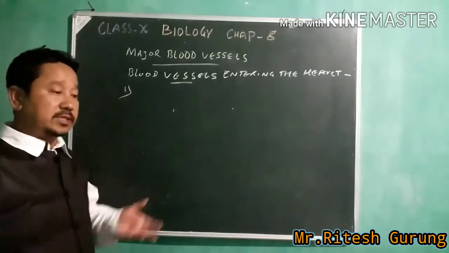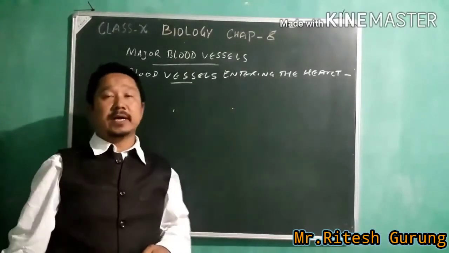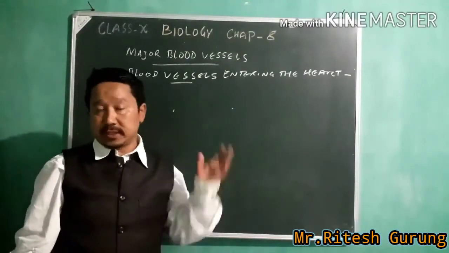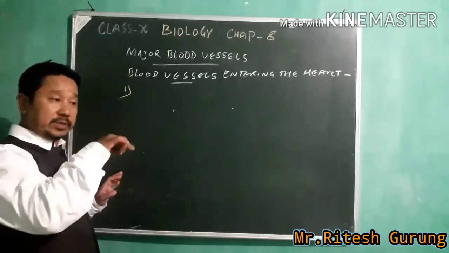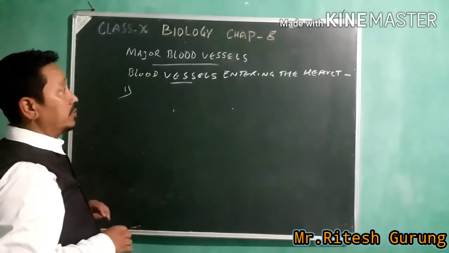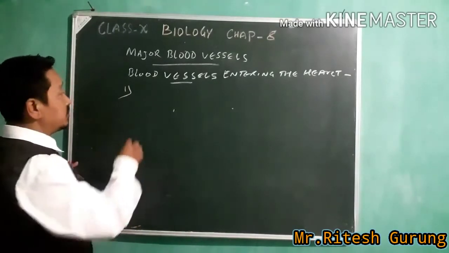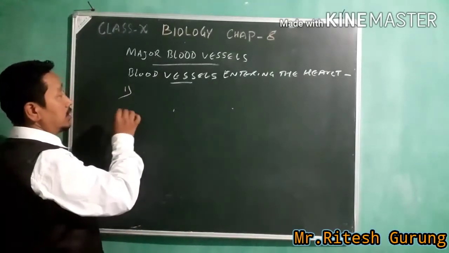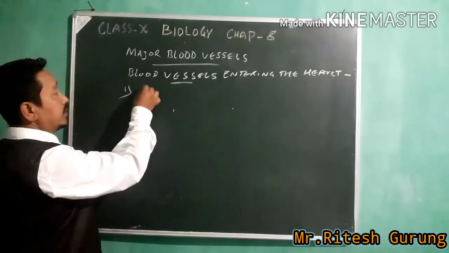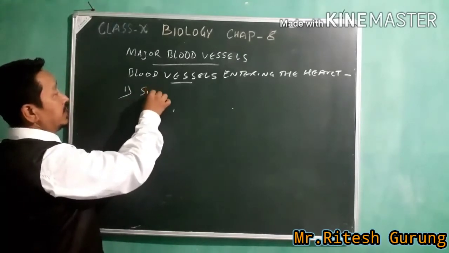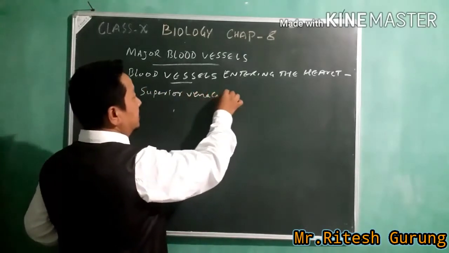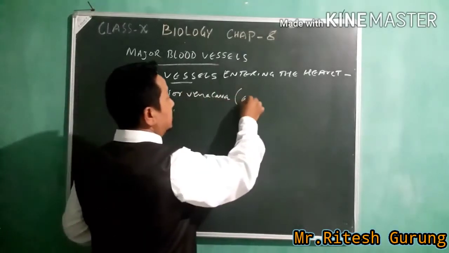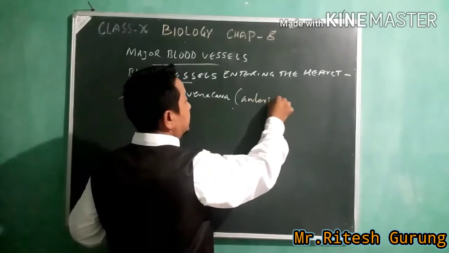As we discussed in the last session with the help of a diagram, which are the blood vessels entering the heart? Do you know that? Just try to recapitulate. Number one, we have superior vena cava, which is also called anterior vena cava.